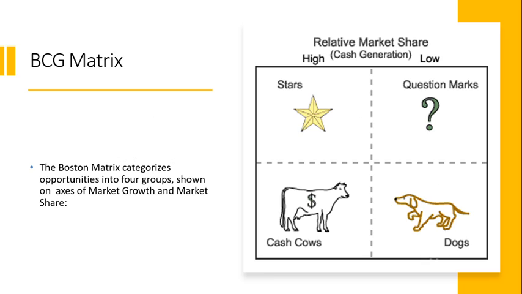This is the layout. How will you distinguish it according to the BCG matrix? It has 4 basic categories or groups: star, question mark, cash cows and dogs. These are the 4 groups under which you classify the business into high or low.